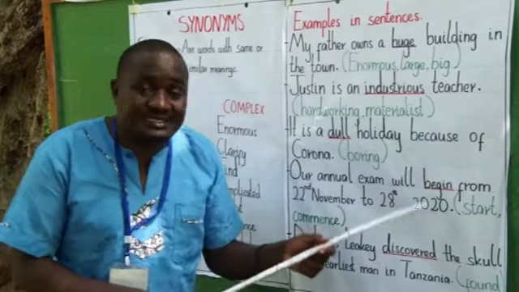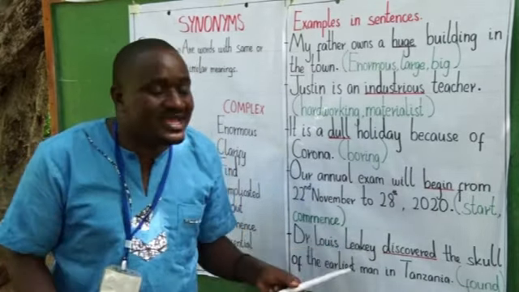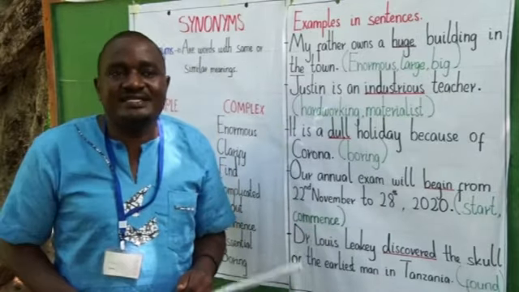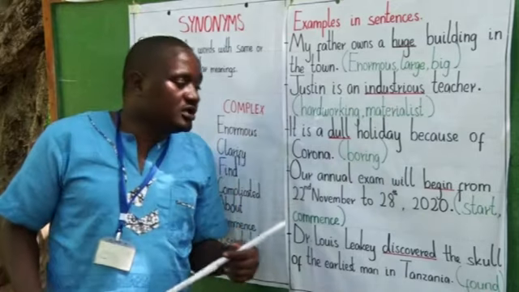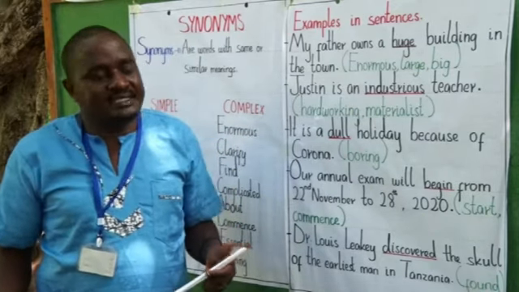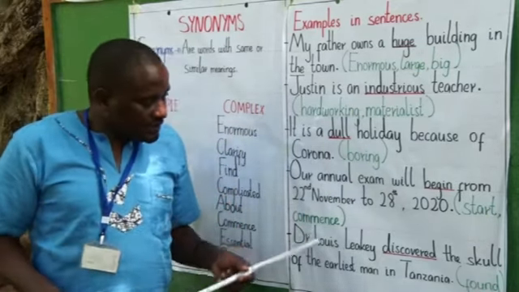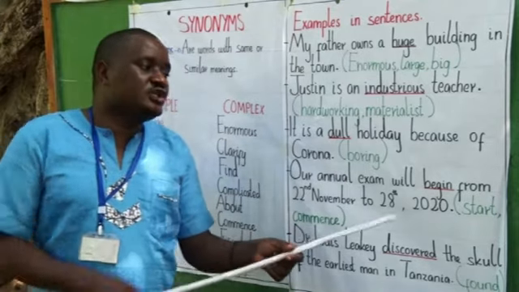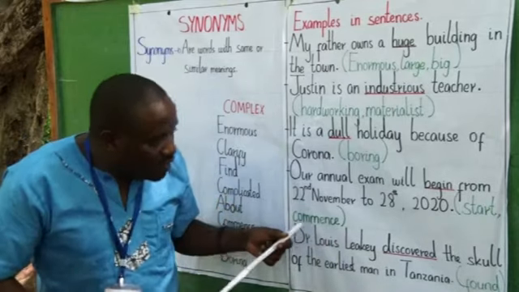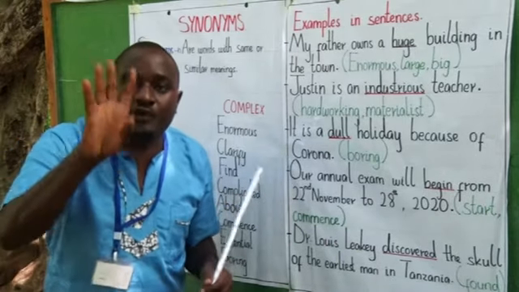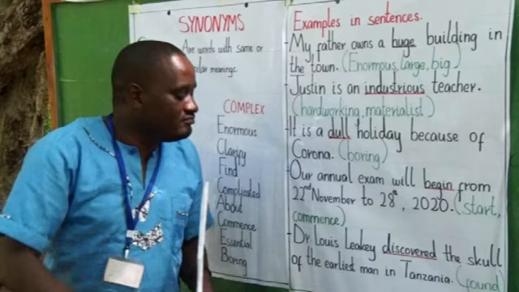Our annual exam will initiate, will commence from 22nd to 28th of November, the year 2020. To begin means to commence, to start. You can have begin, start, commence, initiate. All the 4 words have one meaning.